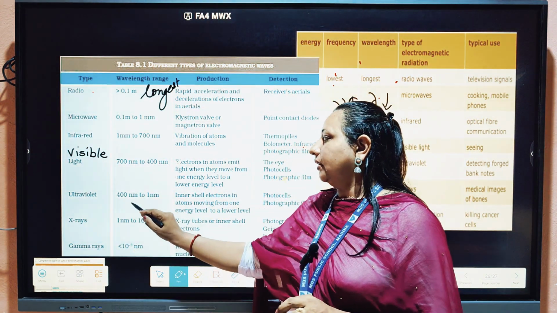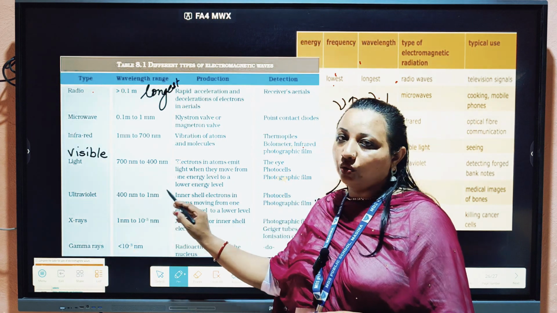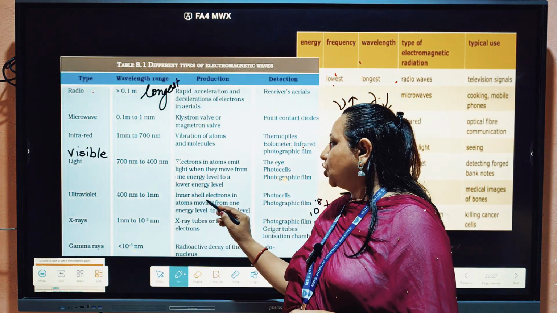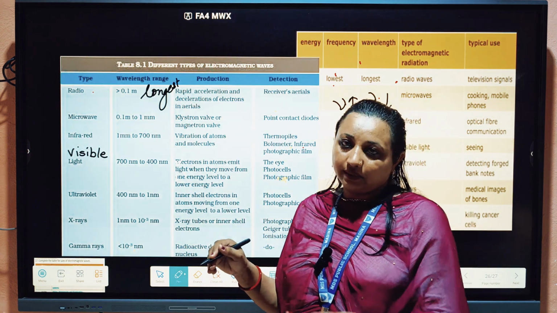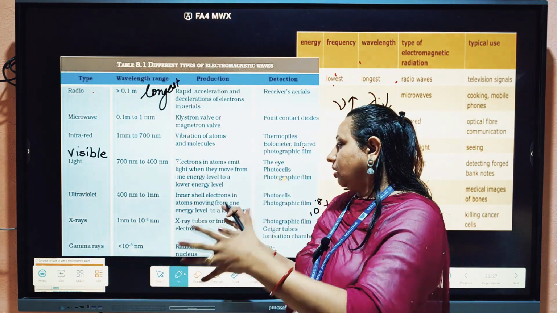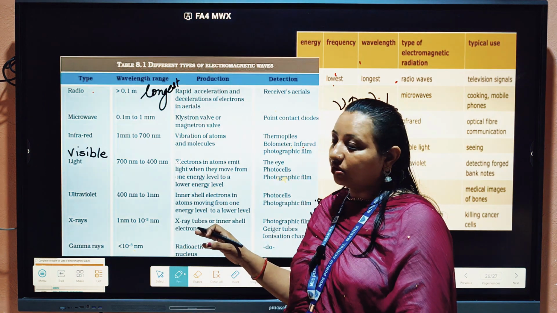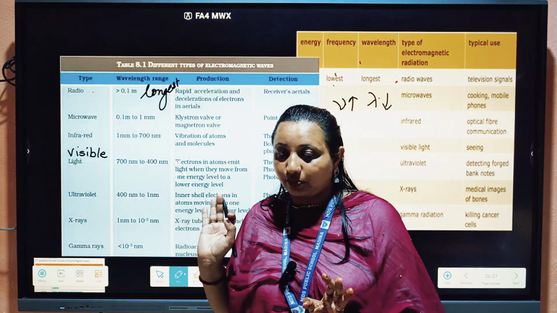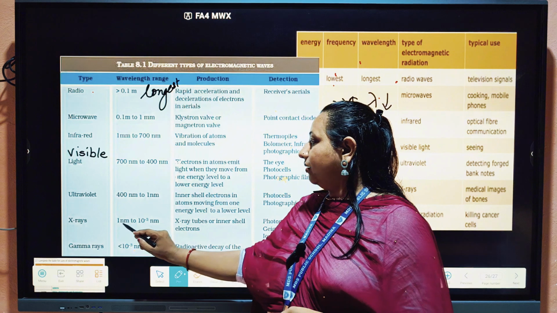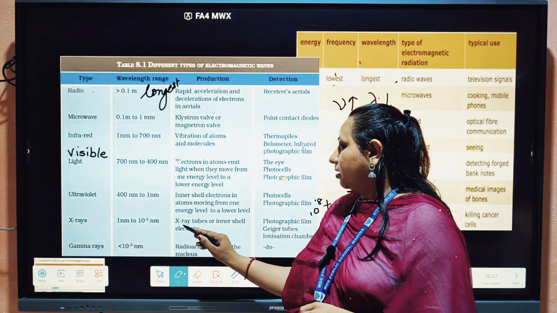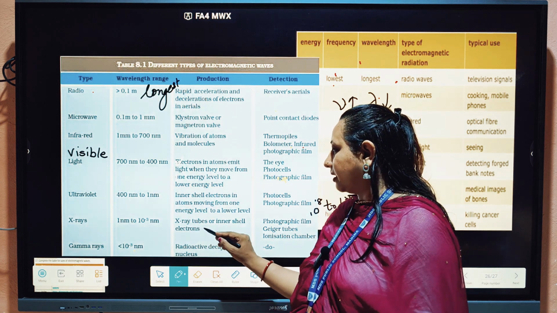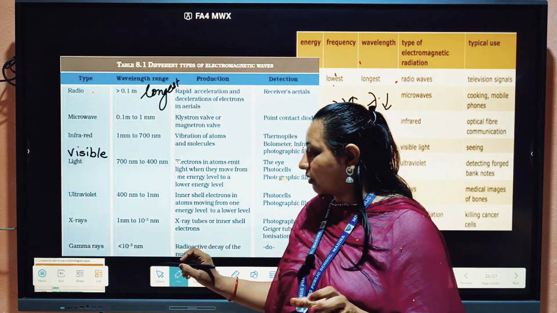Ultraviolet ranges from 400 nanometer to 1 nanometer. When inner shell electrons in atoms move from a higher to a lower energy, when electrons jump, then UV rays are produced. Then X-rays, 1 nanometer to 10 raised to power minus 3 nanometer. These are produced by X-ray tubes, from inner shell electrons.